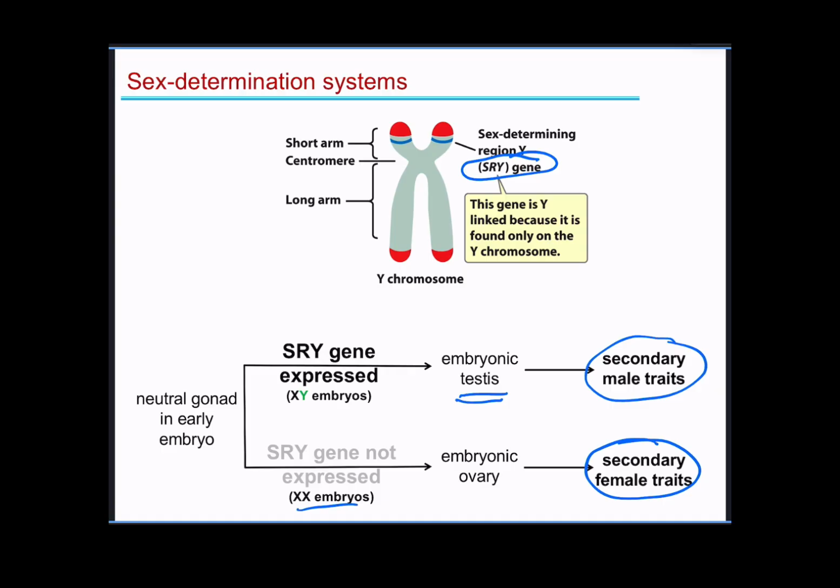So one might imagine that certain aspects of gender identity are, if not secondary, tertiary, quaternary, some level of indirect effects of the cascade of events that lead to this type of dimorphism between XY individuals and XX individuals.